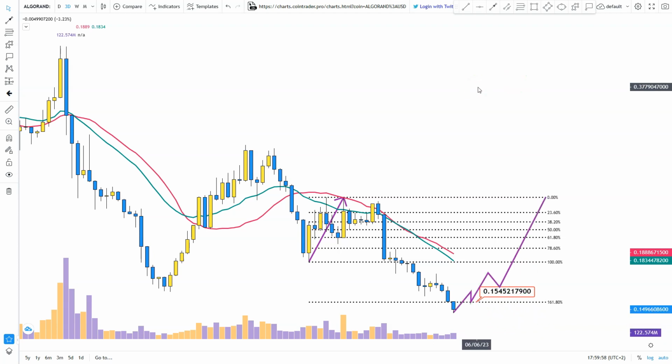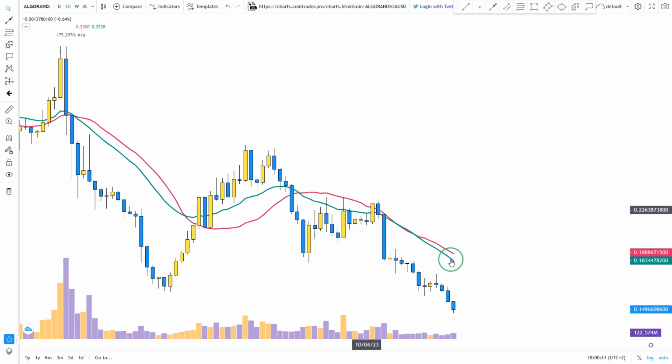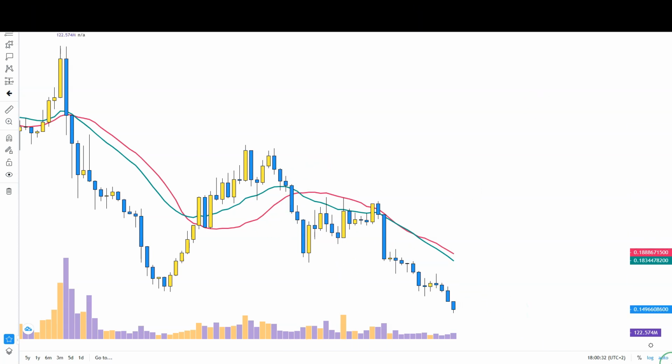Yes, a scenario like this would be pretty nice. And then you can call yourself a bull again. First of all, please break my band of 21 MA and EMA at 18 cents, then take that bullish approach. For now, stay safe, and how about we just meet in a new video.